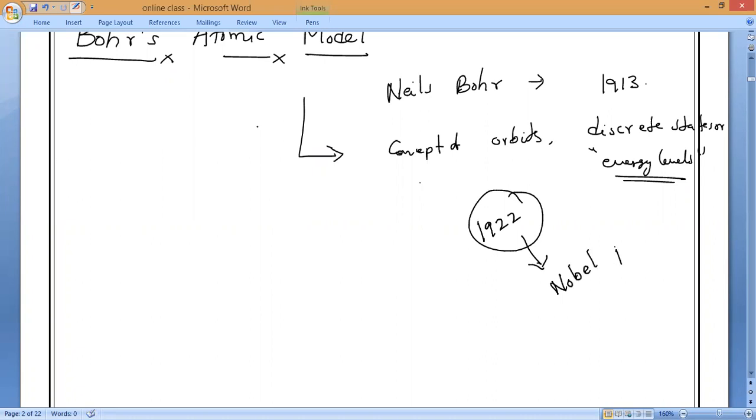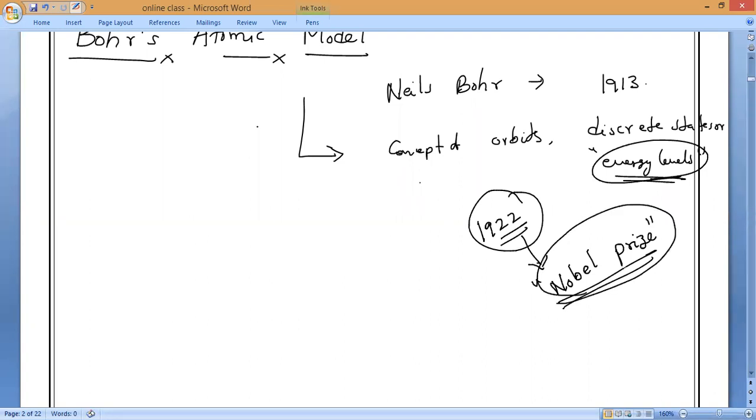That is the Nobel Prize. He cleared all the drawbacks of Rutherford, but of course Bohr's model also has limitations. He explained its orbits and energy levels, everything. So they gave him the Nobel Prize in 1922 for his work on the structure of atom.